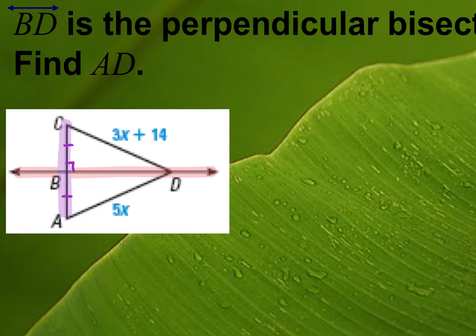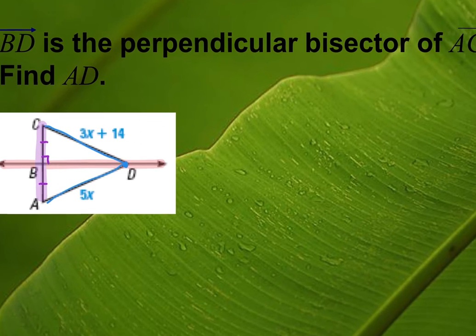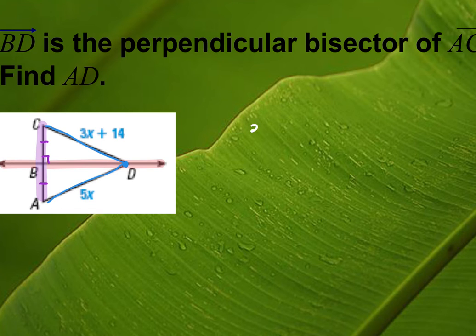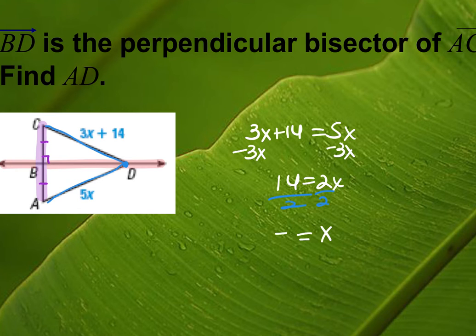And then it wants you to find AD. Well, since D lies on this, DC would be congruent to DA. So I can say 3x plus 14 equals 5x. And then subtract the 3x. 14 equals 2x. And then divide both sides by 2. And x equals 7.